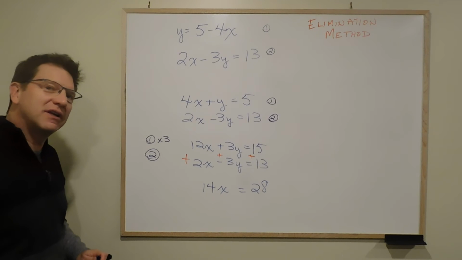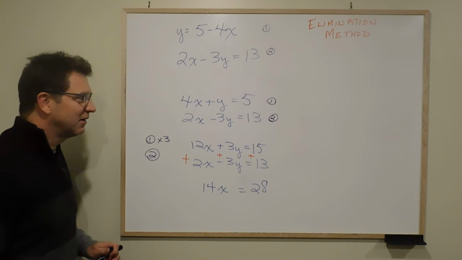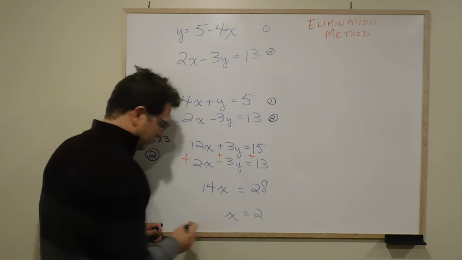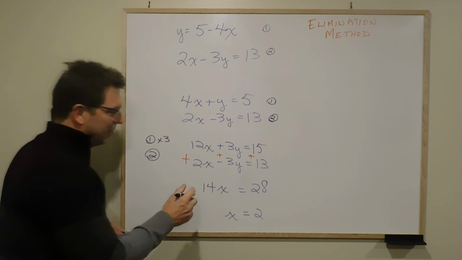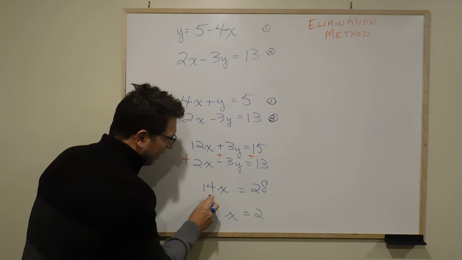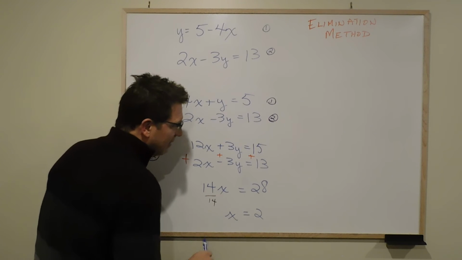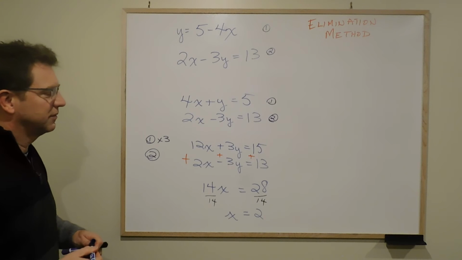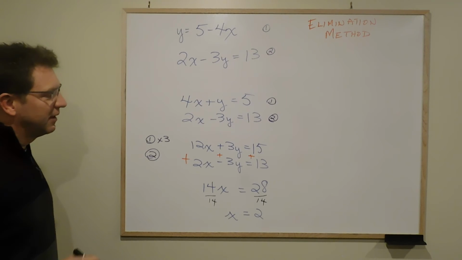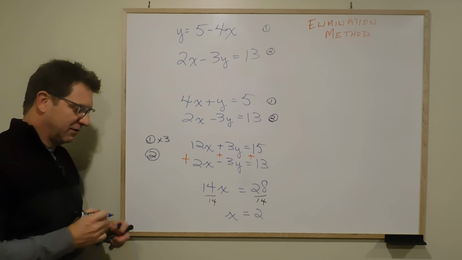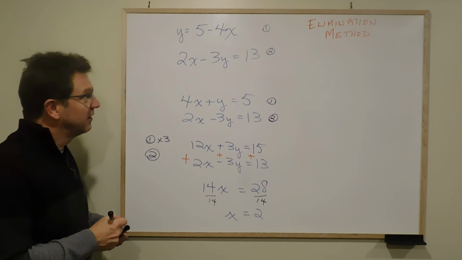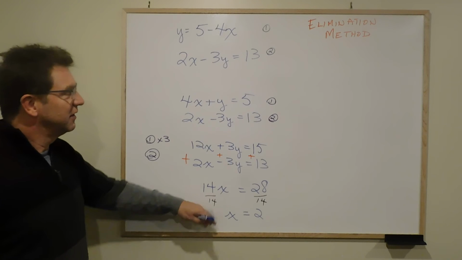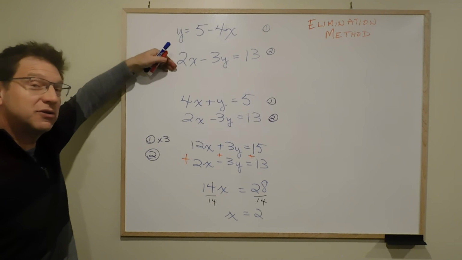So now we have 14x equals 28. We divide by 14 in both cases, and x equals 2. Now, how do we find what y equals? To find y, we take our x equals 2 and substitute it into one of the equations.